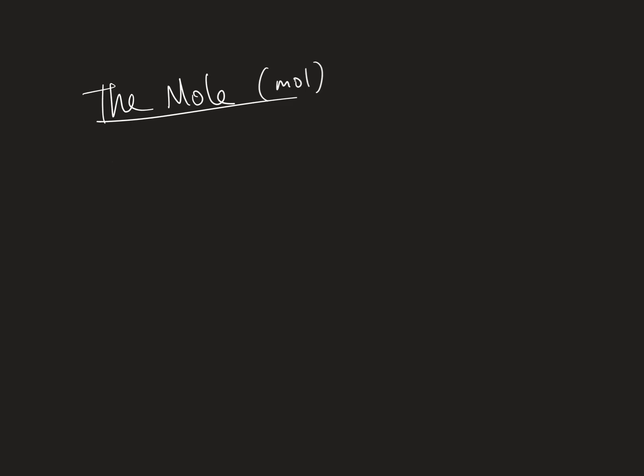So 1 mole of anything is equal to 6.022 times 10 to the 23 particles of that thing. Doesn't matter what substance you're dealing with. It's the same for all substances. And this makes it very useful later on today. Okay?